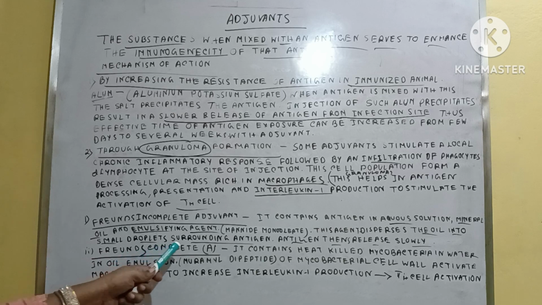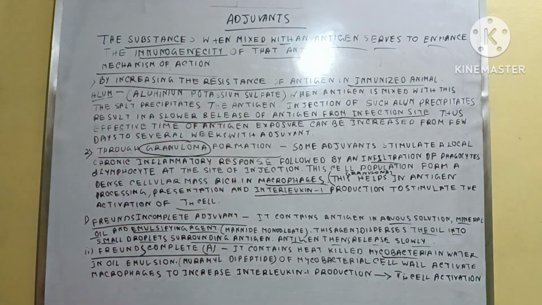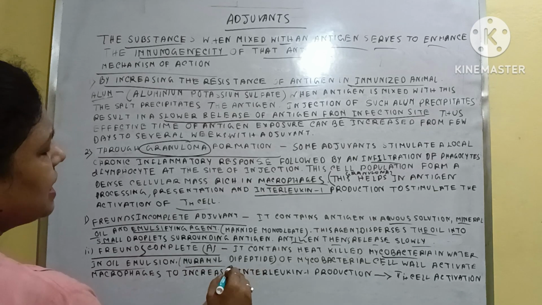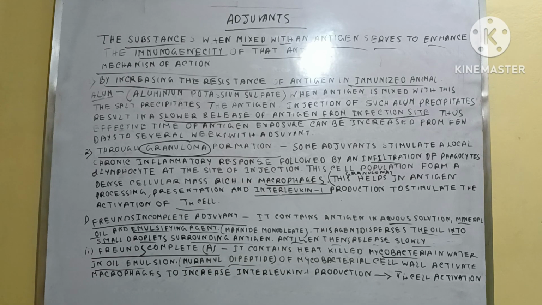The second one is Freund's complete adjuvant, C for complete. It contains heat-killed mycobacteria in a water-in-oil emulsion. What is needed from the mycobacteria? Muramyl dipeptide. Muramyl dipeptide of the mycobacterial cell wall activates macrophages to increase interleukin 1 production, and that increases the Th cell activation.